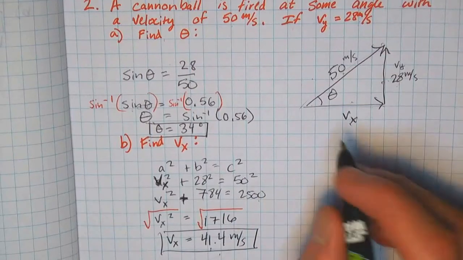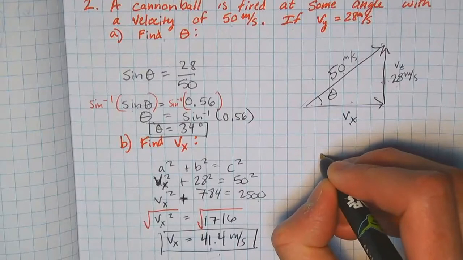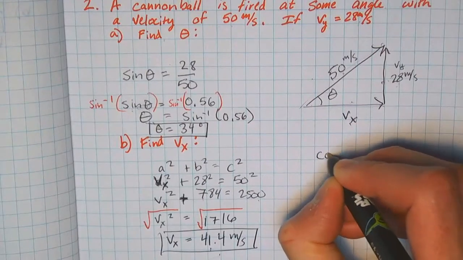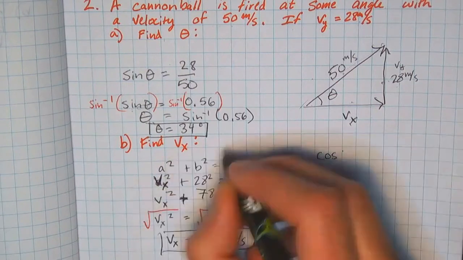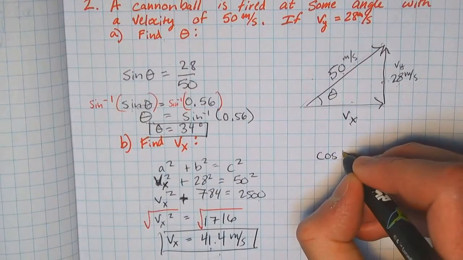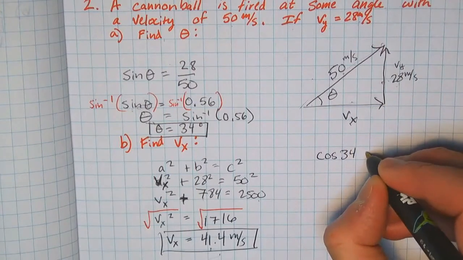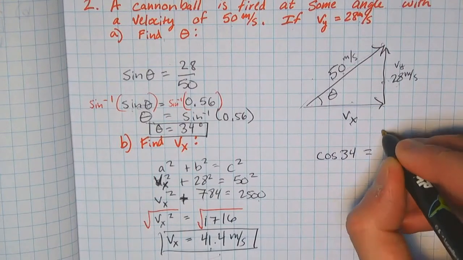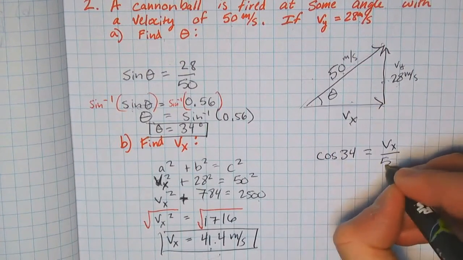If that makes sense, you could stop. If you're just interested in doing this, this is one way to do it. We're done. You could also have used cosine. Another way to do it would have been cosine of 34 degrees, now that we know this is 34 degrees, is equal to Vx over 50.